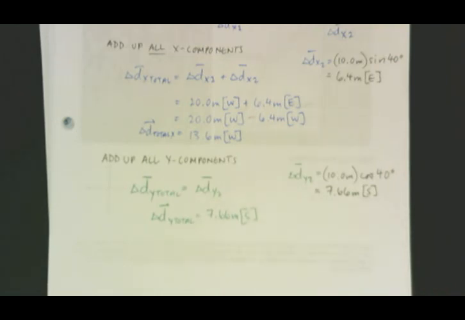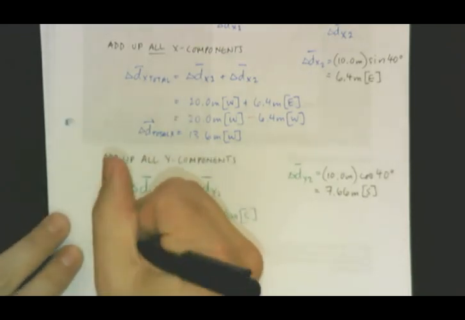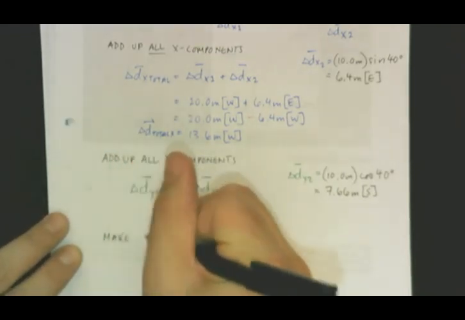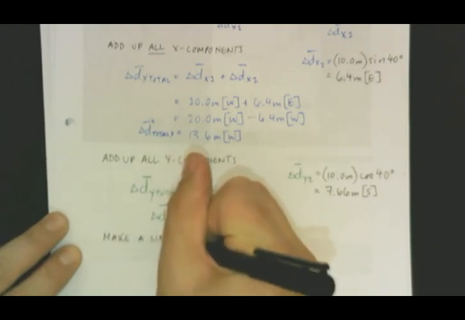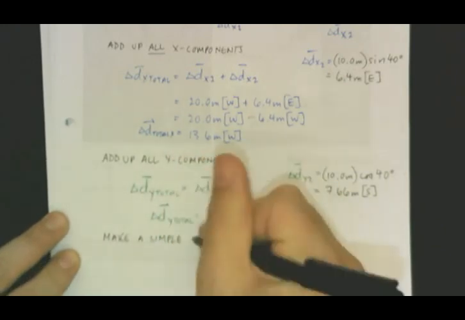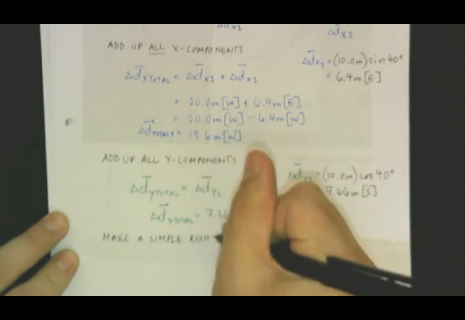So now what? We found all our x's and we found all our y's. What we do now is we add those two together to make a simple right-angled triangle.